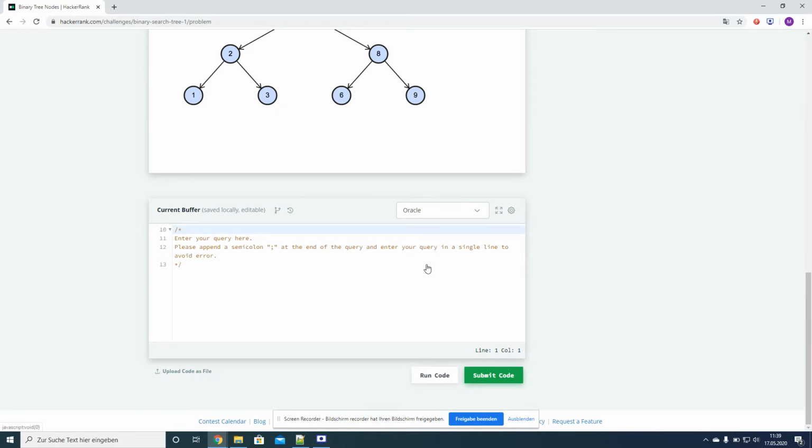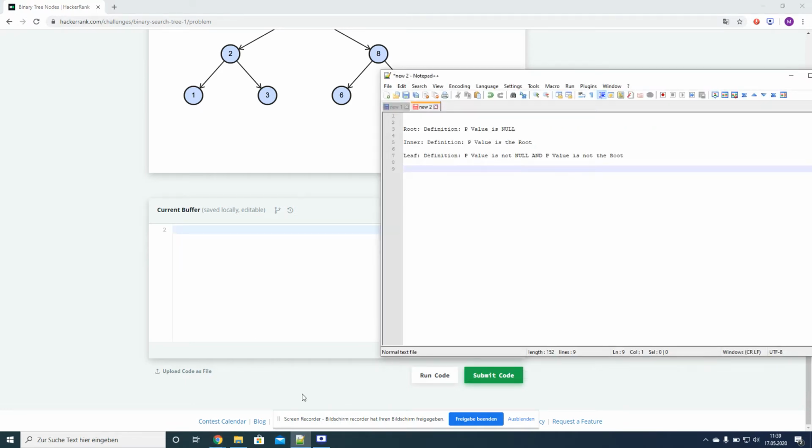Okay, so let's write the query. How would we write the query? First step, we would make a pre-query to find the root.